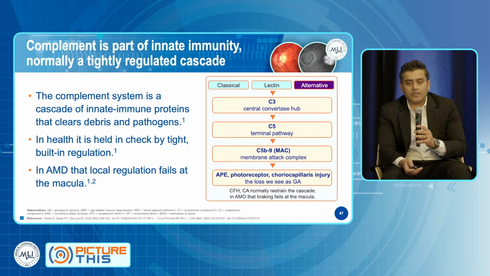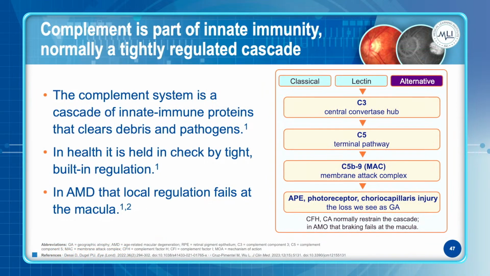On top there are the classical, lectin and alternate pathways. They all come together at C3, which is basically the central conversion hub, and then downstream they go to C5, and past C5 you have the membrane attack complex, and that's where the cells start to die, and we start seeing atrophy and choriocapillaris injury.